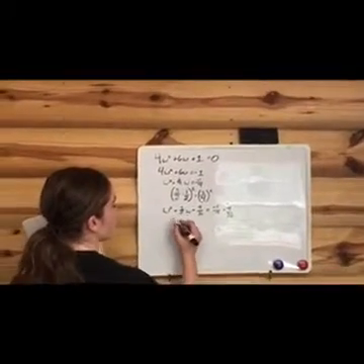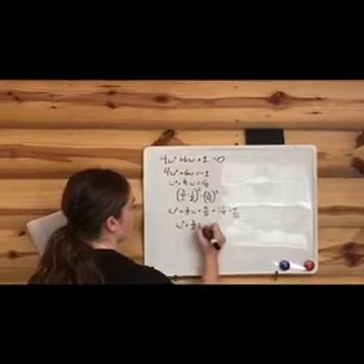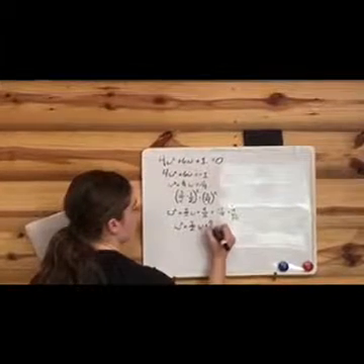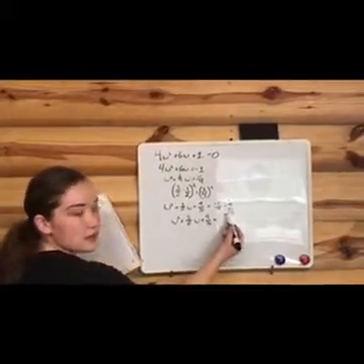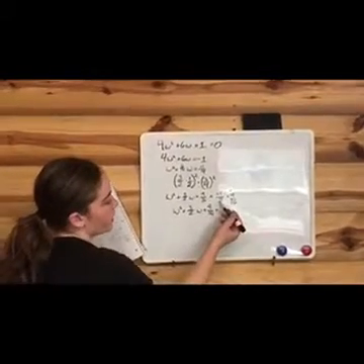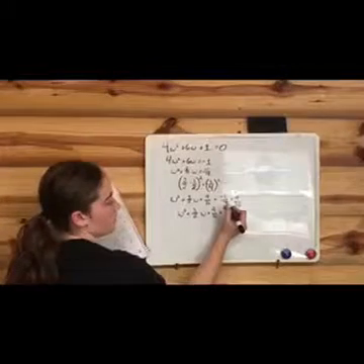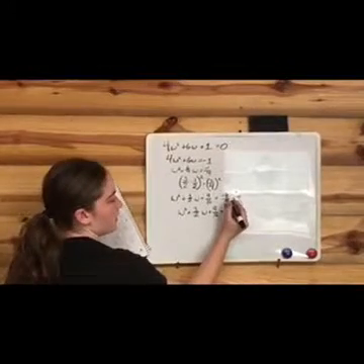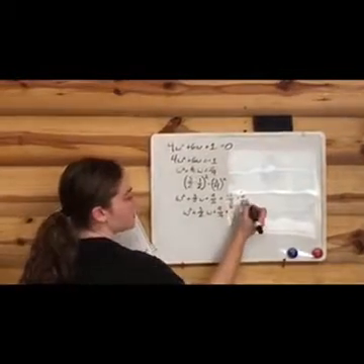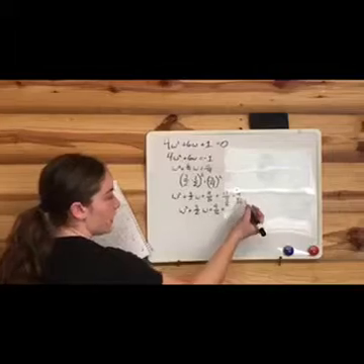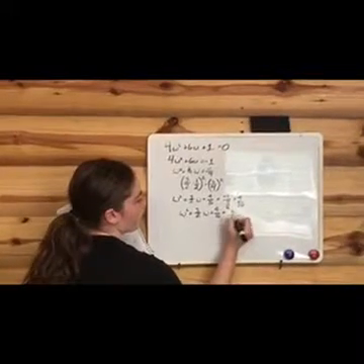So w squared plus 3/2 w plus 9/16 equals, and to add these, you're going to have to get a common denominator, which in this case is 16, and it's just going to be 4 times 4 is 16, and negative 1 times 4 is negative 4. That's really small, but it's negative 4 over 16 plus 9 over 16 will be 5 over 16.